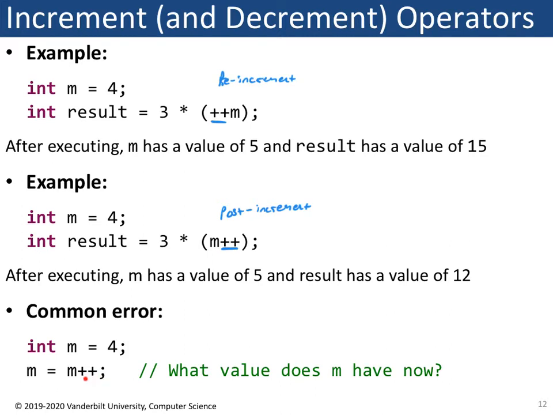So ++ is a post-increment, so it will return the value of m and then increment m. So m is now 5. However, after incrementing m, the value which was returned, 4, is assigned to the variable m, which makes the value again 4. So in this situation, m will wind up being 4.